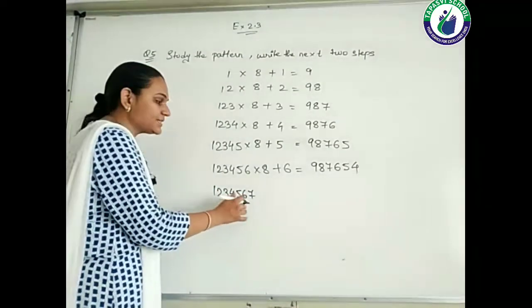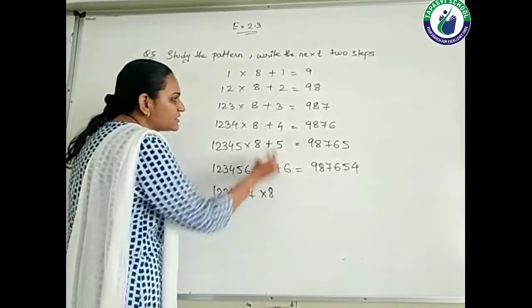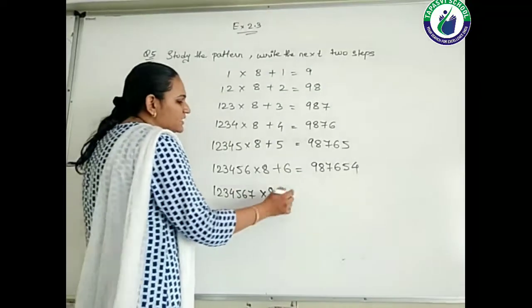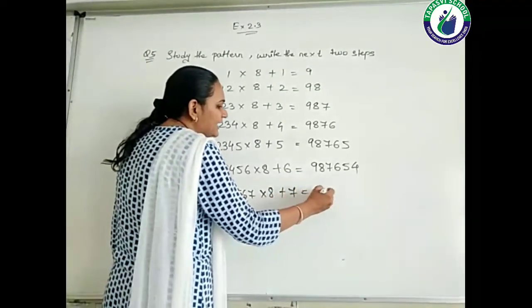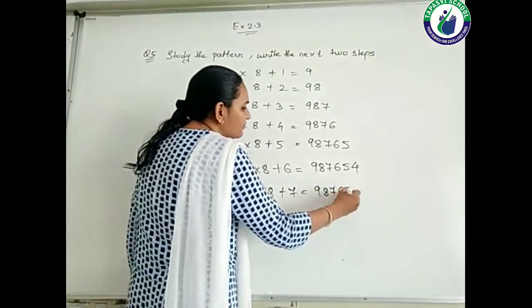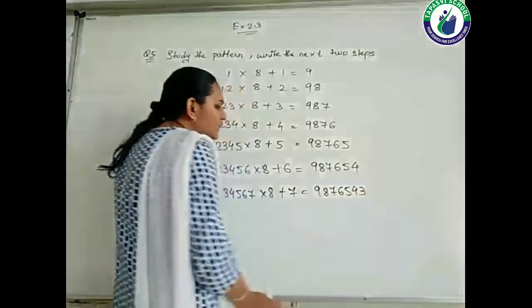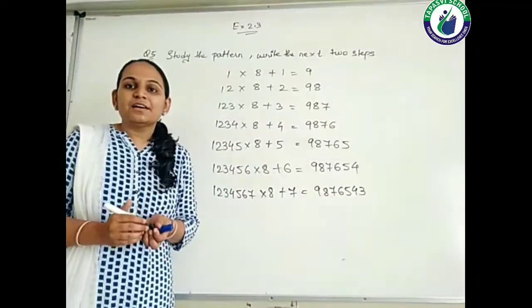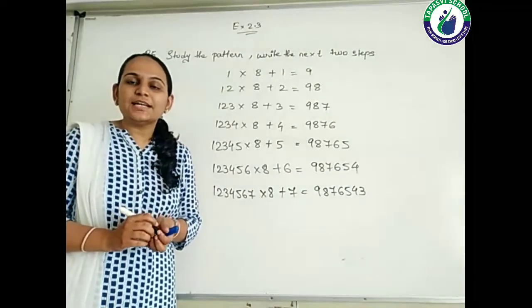Adding one more number, that is 7 into 8. This 8 is common, students, plus now instead of 6 here we will be writing 7. So 9876543. So this is the entire pattern, right? I hope students you got the entire exercise 2.